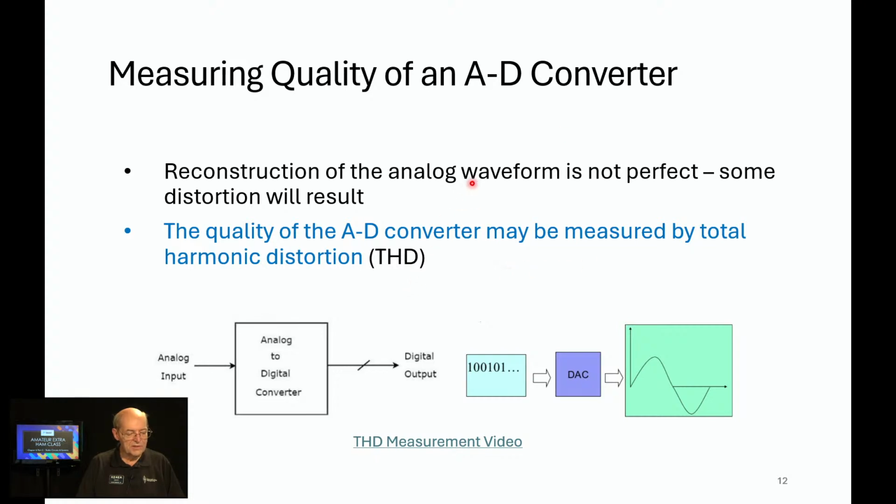That measurement is also used to measure the quality of an analog to digital converter. So analog input, we convert it to digital, then we convert it back to analog, digital to analog converter, and then we can measure the total harmonic distortion. If you want to know a little bit more about that, I put a link here for you. You can dig further. But the important thing is the blue text here.